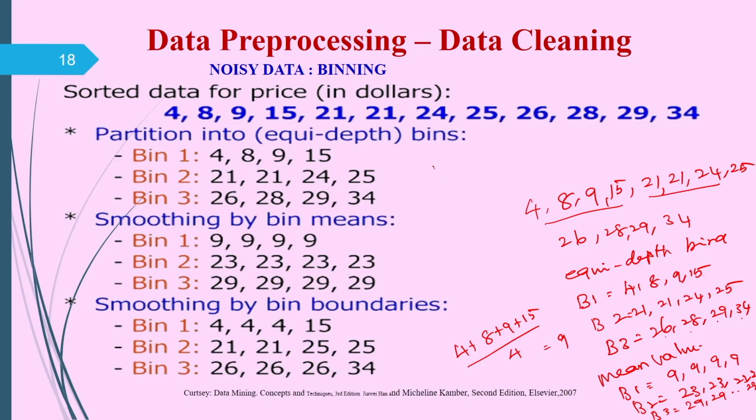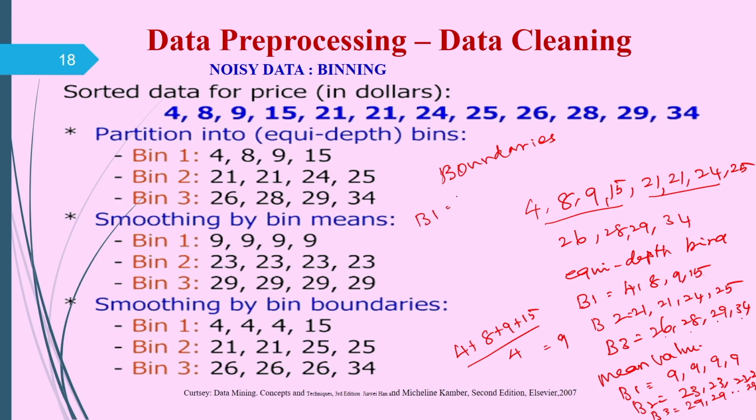So, this can be applied for removing the noisiness in this data. Not only the mean value, another method is that the bin can be filled with the help of boundaries. Boundaries means that in your original bins 1, 2, 3, we fill the boundary values first.